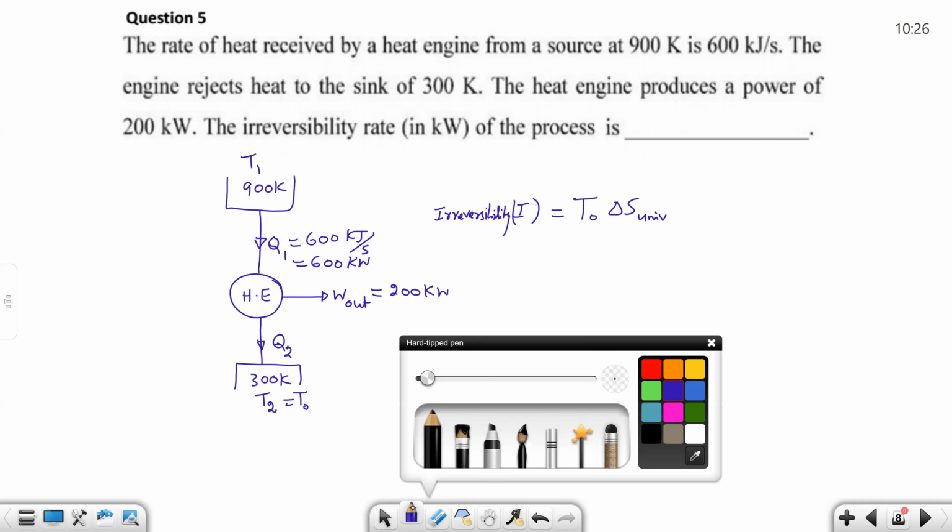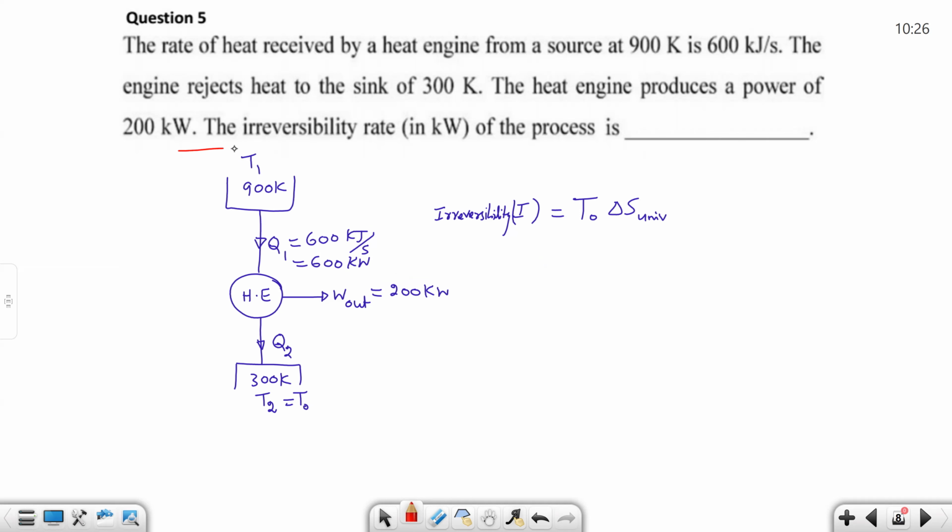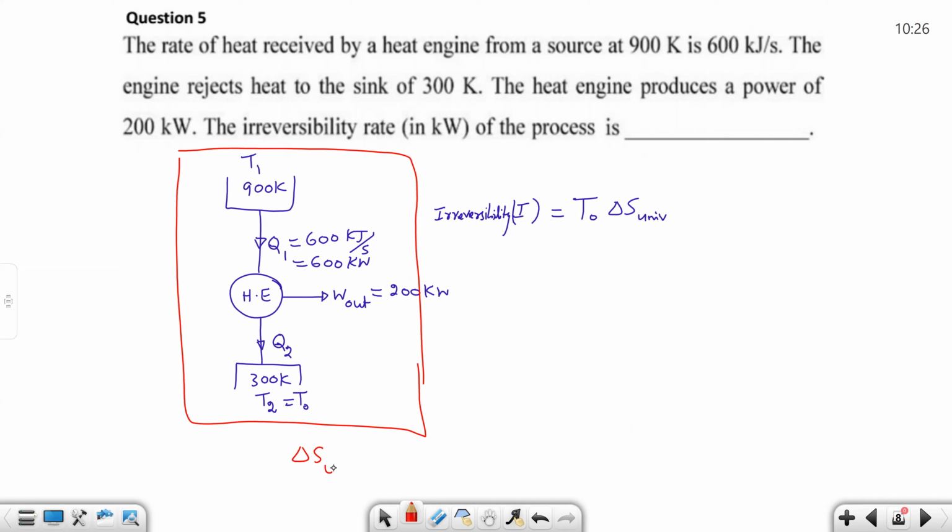So universe, you can take this entire system as the universe. Change in entropy of the universe is equal to the entropy change of system 1 plus system 2 plus system 3. System 3, the heat engine, is a cycle, so the entropy change will be 0, because entropy change of a cycle is 0.